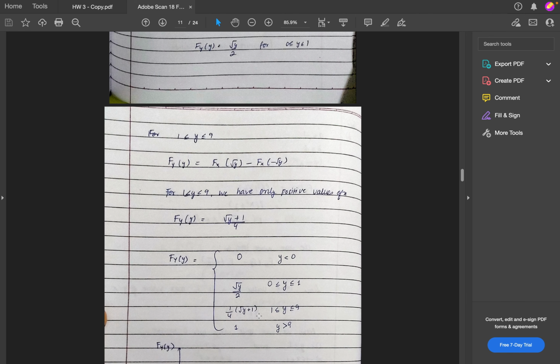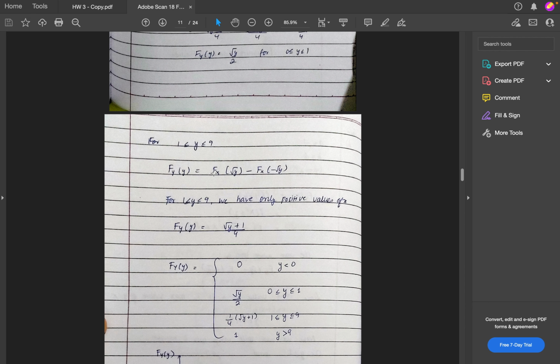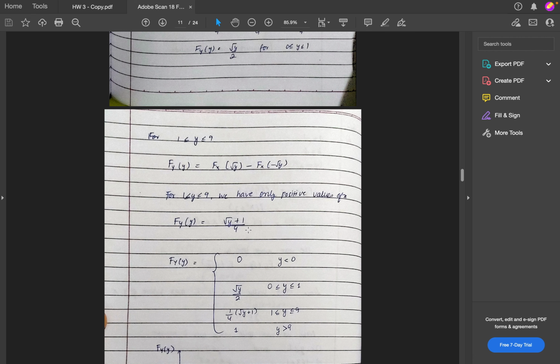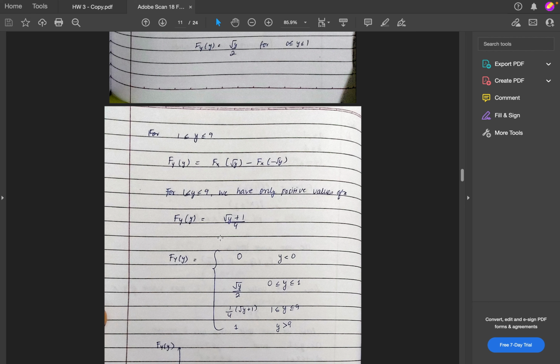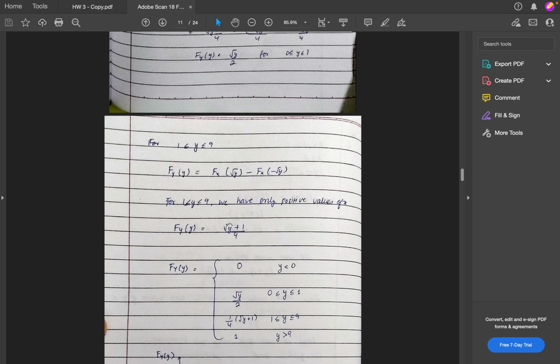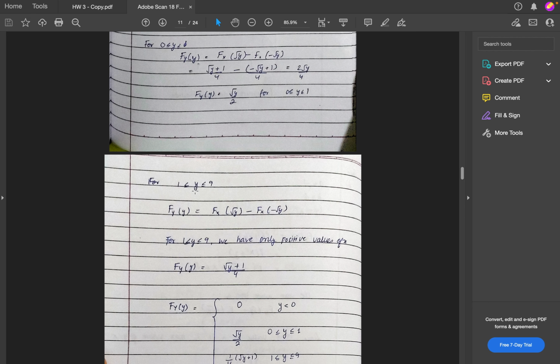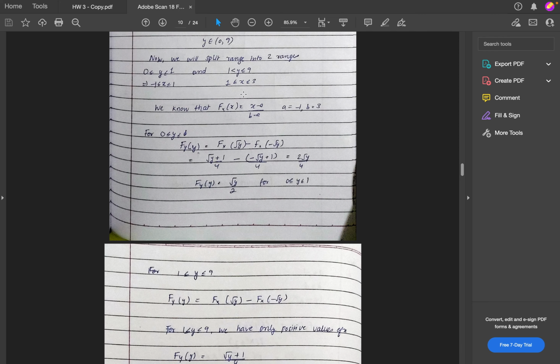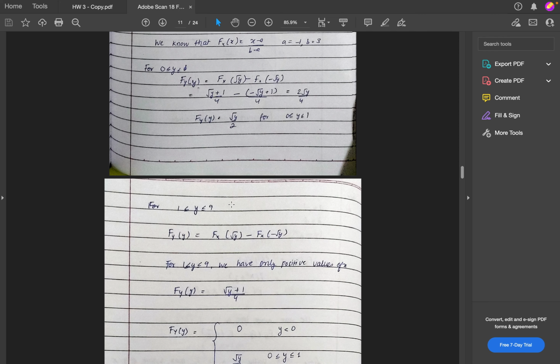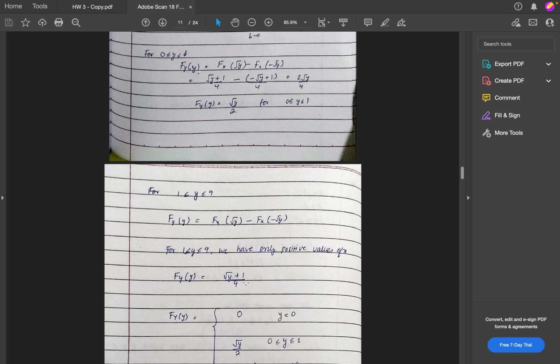Now considering the second interval, which is 1 to 9, again we can calculate the value of the CDF. Here we know that in this interval x takes only positive values, so this term won't be valid, and we will only consider this term.